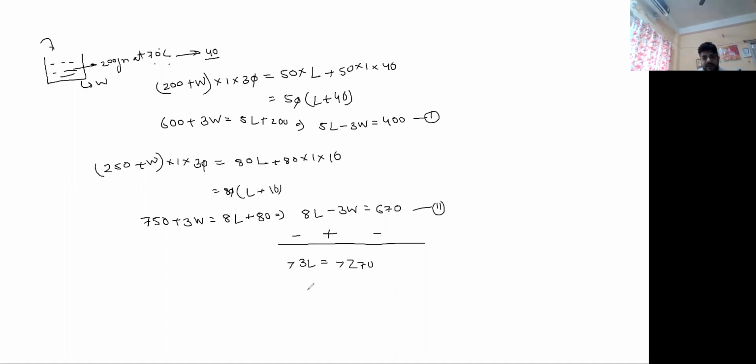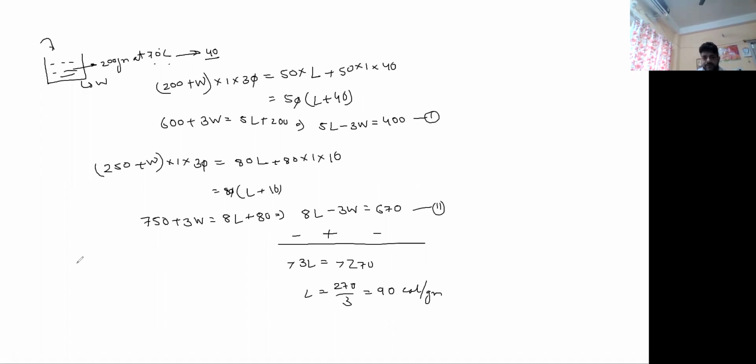L is 270 by 3, 90. So my latent heat is 90 calorie per gram. Why? Because we are taking the CGS unit. And what about the W? You can put in any equation.